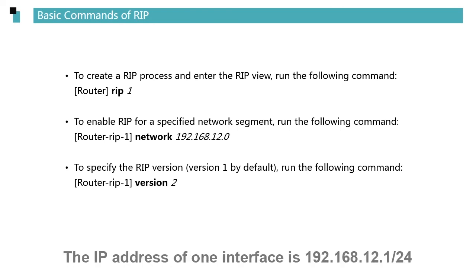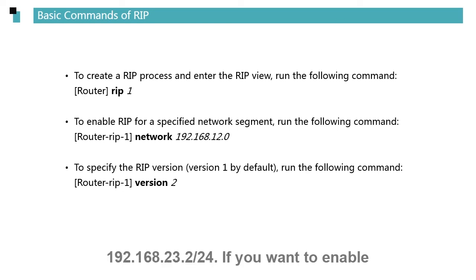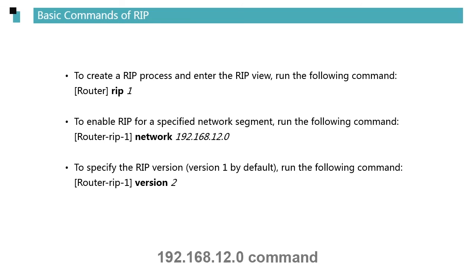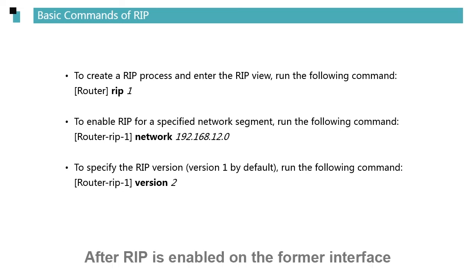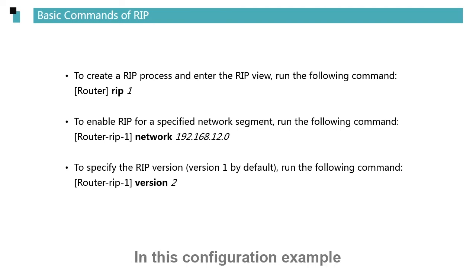The IP address of one interface is 192.168.12.1/24, and the IP address of the other interface is 192.168.23.2/24. If you want to enable RIP on the former interface, run the network 192.168.12.0 command. After RIP is enabled on the former interface, this interface floods the routes in its routing table.